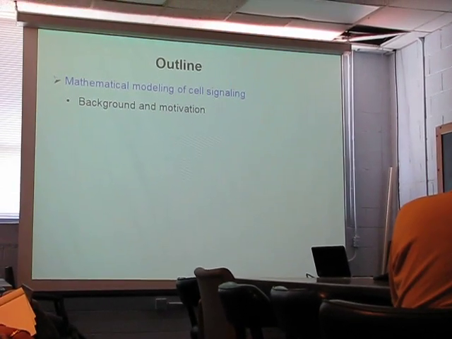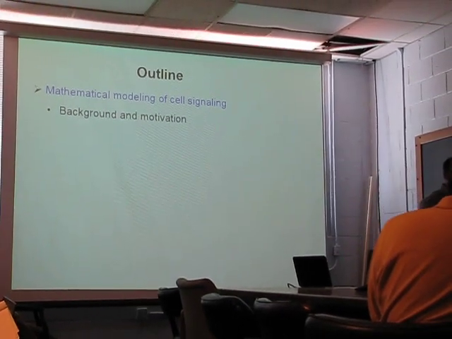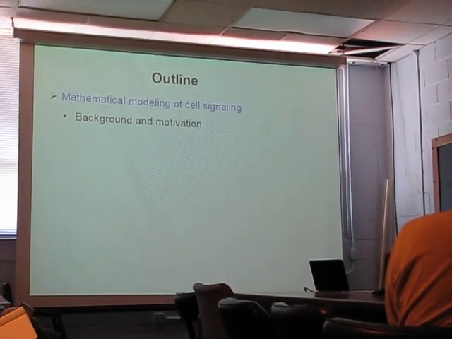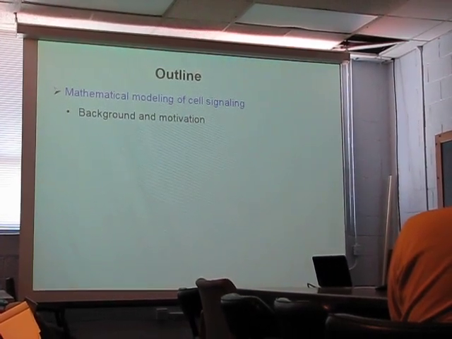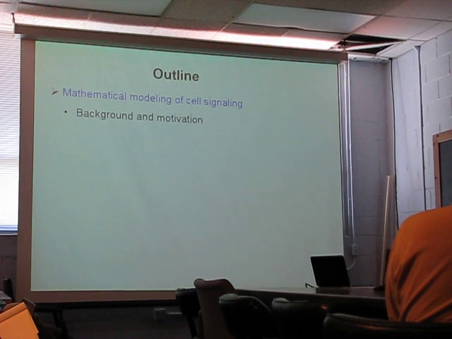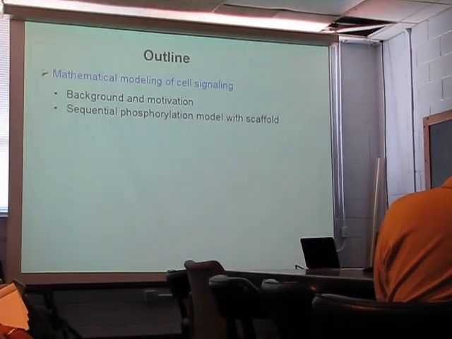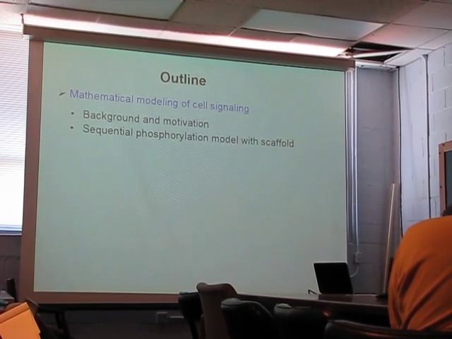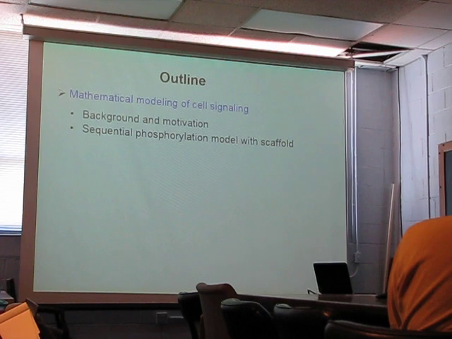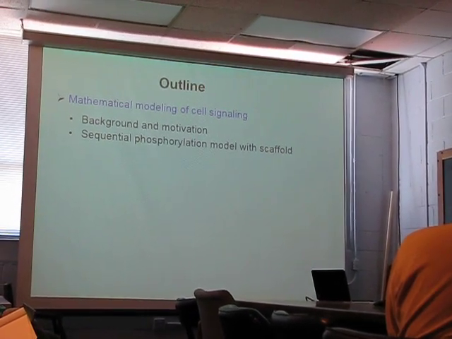And first, we need to present some background and motivation, why this problem is important and why we find this problem interesting, and what is the mathematics behind this to capture the whole situation. And we'll present two kinds of model. One is the sequential phosphorylation model, and our model is different from the traditional model because we introduce a special component into our model.